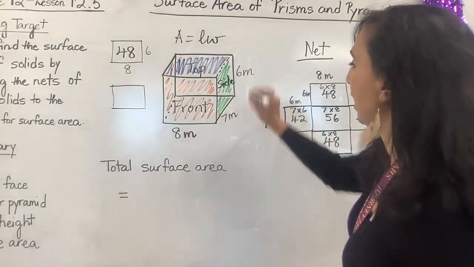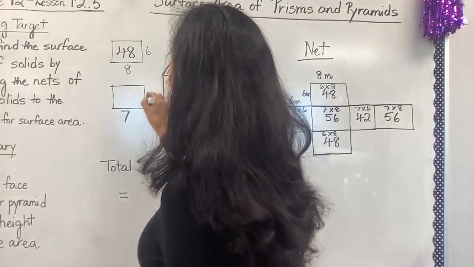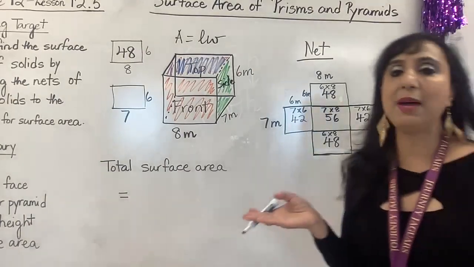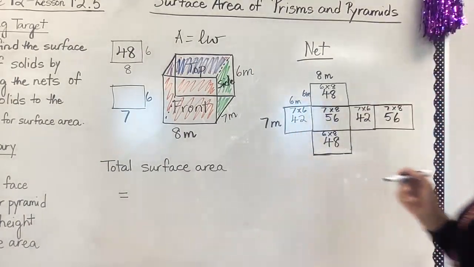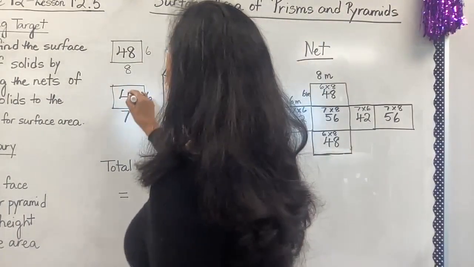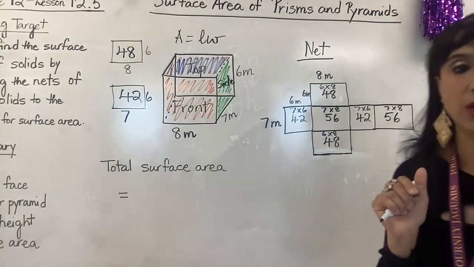Okay, so then let's look at the next option that we have here. We have the side, you have 7 times 6. And obviously, if I have one side, I'm going to have another side. So 7 times 6, as you can see, I've got 42 here. That's literally, I'm just breaking it apart even more.